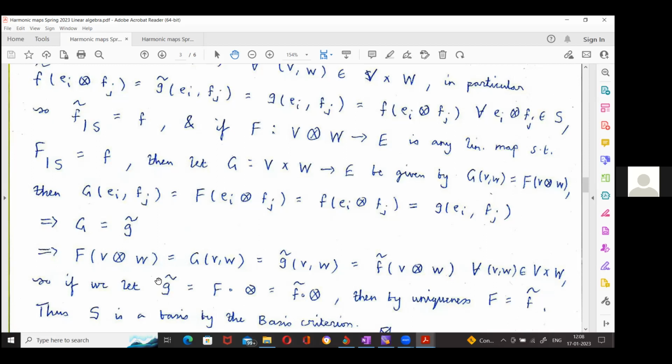But G tilde, this multilinear map, has a unique factorization as a composition of the universal multilinear map together with a linear map. So the linear map appearing in the factorization of G tilde is unique according to the universal property. Therefore, capital F is equal to F tilde. All right.